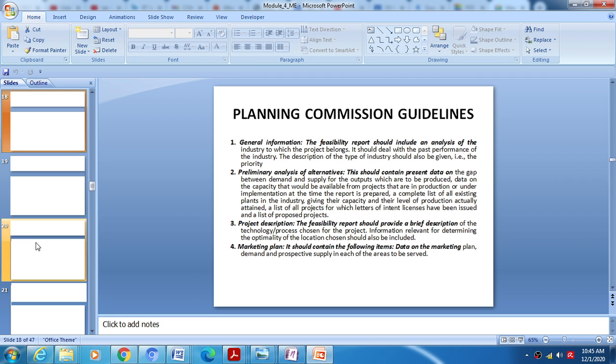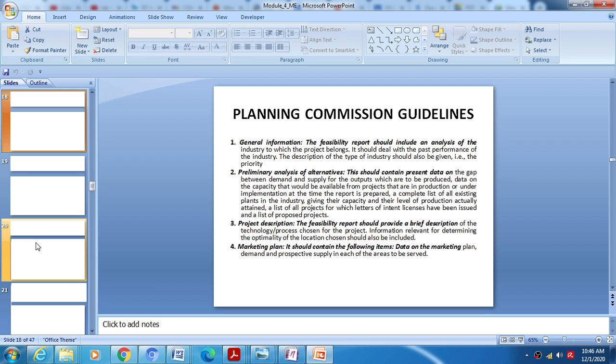So basically, project description is nothing but to describe your project. What are the processes that you intend to include in this project? What are the machineries needed, what is the technology that is needed, what are the different stages of the process that one should go through in order to produce the final product?